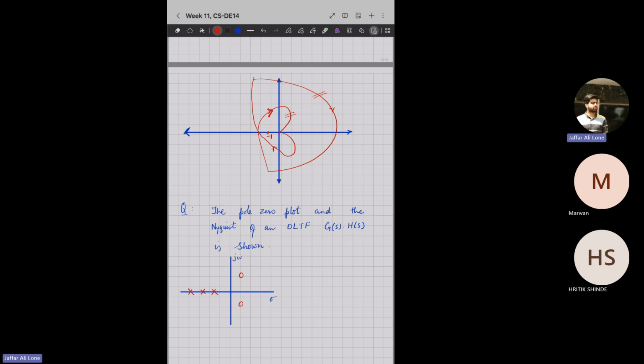Okay, so this is your pole zero plot, and you have a Nyquist plot, which is something like this.